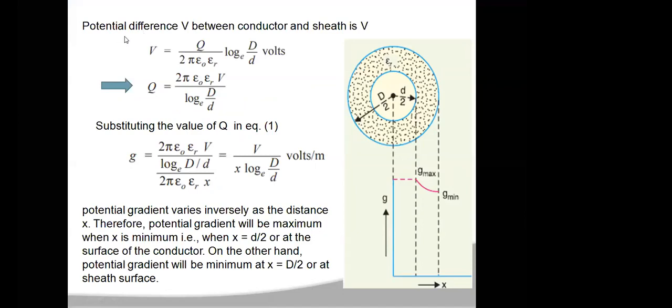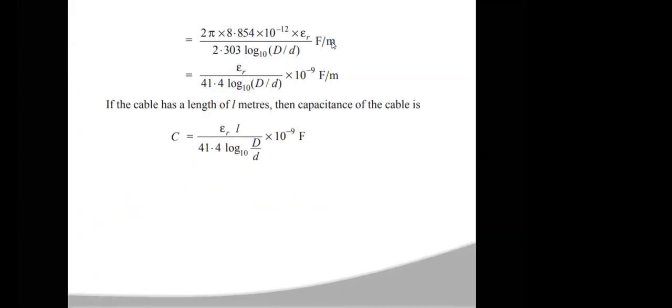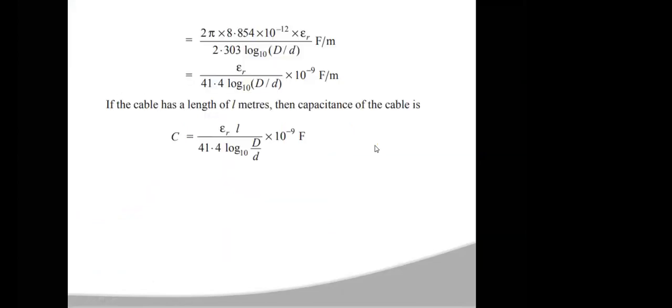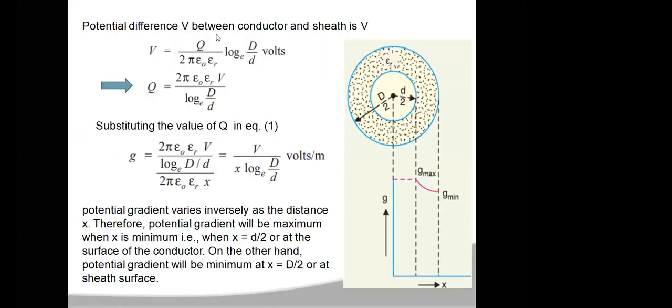Now we also derived the potential difference V between the conductor and sheath. While calculating the capacitance, we also derived the expression for voltage or potential difference. V is equal to Q by 2 pi epsilon naught epsilon r log capital D by small d to the base e. So you directly take that expression.